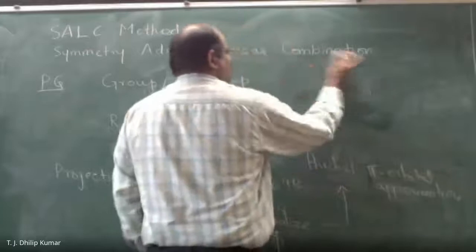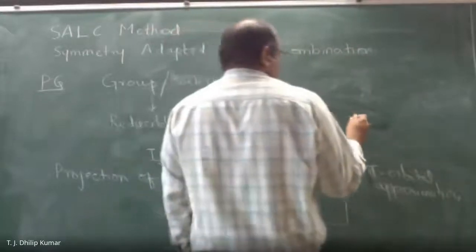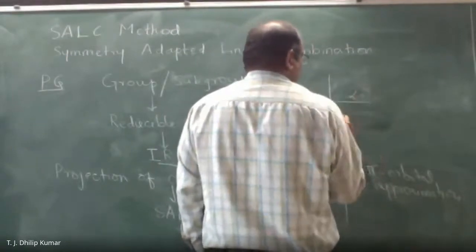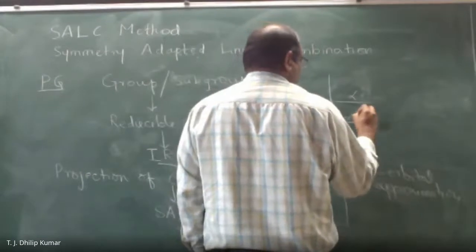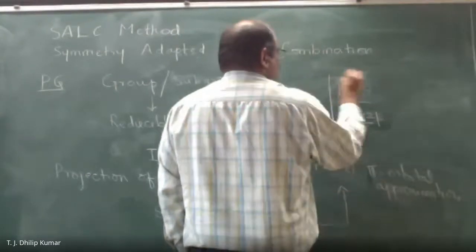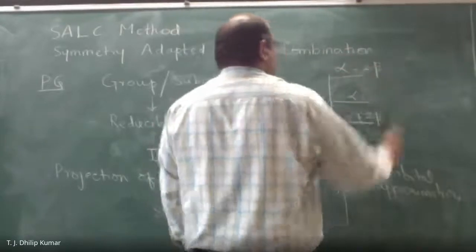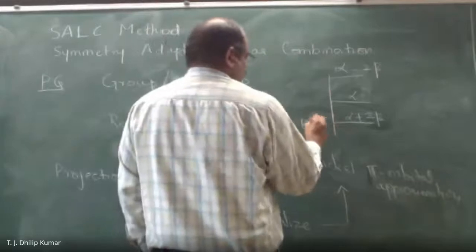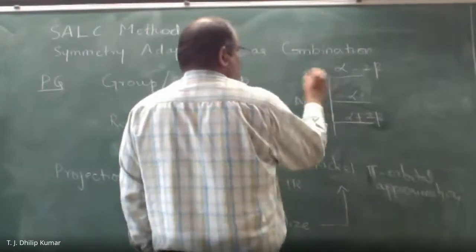And then we got 3 orbitals, if you remember: alpha, alpha plus 2 beta, and alpha minus 2 beta. So one was a bonding orbital, the other is non-bonding, and the third one is anti-bonding.